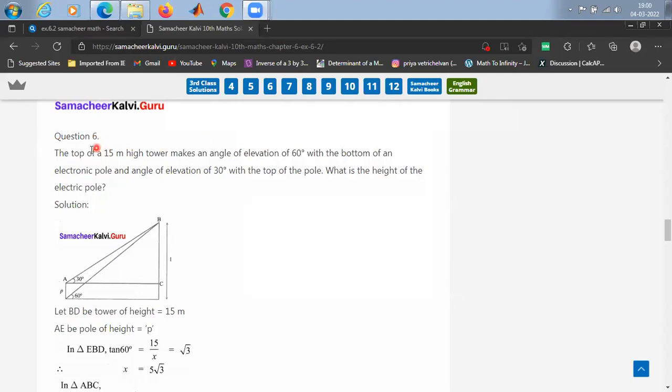Question number 6. The top of a 15-meter high tower makes an angle of elevation 60 degree with the bottom of an electric pole and the angle of elevation of 30 degree with the top of a pole. What is the height of the electric pole? So assume you are standing here. Top of a 15-meter high tower.